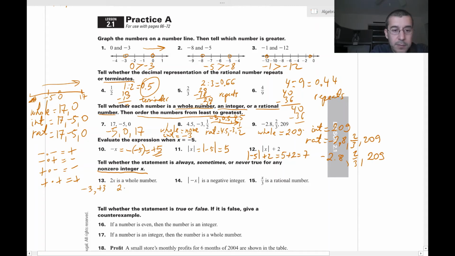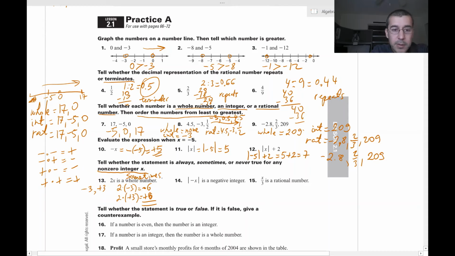So 2x, if x is minus 3, we're going to get minus 6. If x is positive 3, we're going to get plus 6. So 2x is a whole number. Well, 6 is a whole number, but minus 6 is not a whole number. Minus 6 is an integer. So this is sometimes true. So number 13, this would be sometimes.